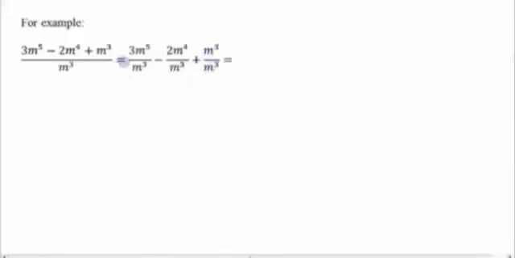Then it's easy to cancel and simplify. M cubed cancels 3 of those m's on top, so I have a 3m squared. Here 3 m's cancel 3 of those, so I have just 1 m left, so it's a negative 2m. And m cubed divided by m cubed is 1.